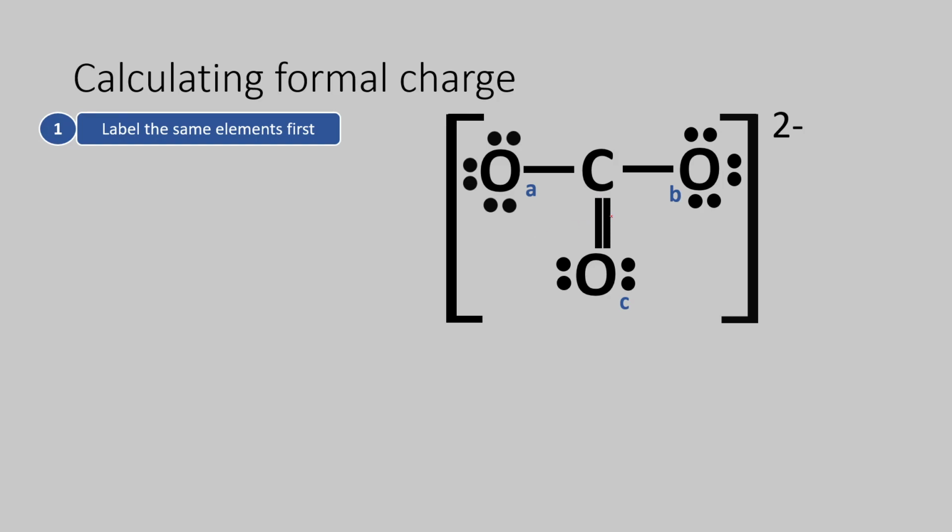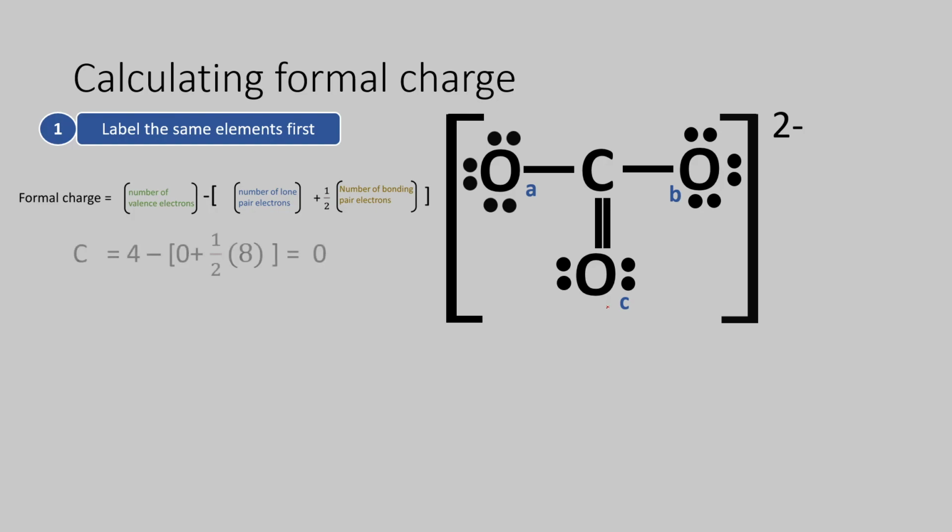Kita maybe terconfuse bila kita kira oksigen mana satu yang kita nak denote dia sebagai dia punya formal charge. So, that's why, since kita ada 3 oksigen, kita namakan dia oksigen A, oksigen B, oksigen C. So, senang sebab bila kita nak kira, kita boleh bezakan antara satu sama lain.